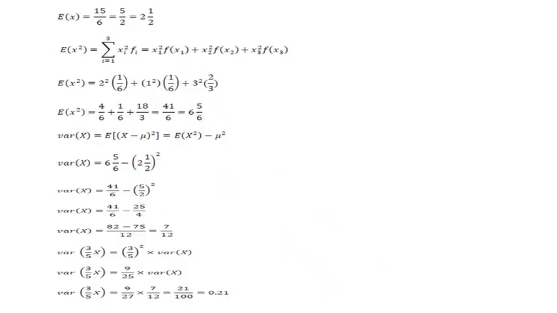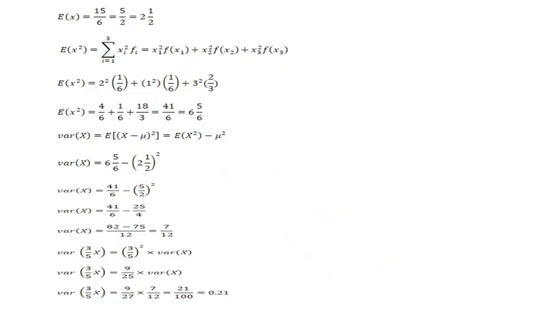From the formula for variance, our variance is E of x minus mu all squared. So let's estimate the one for x squared. Since we are doing this for 3 xi and f of xi, we square our xi, then use it to multiply our f of xi.